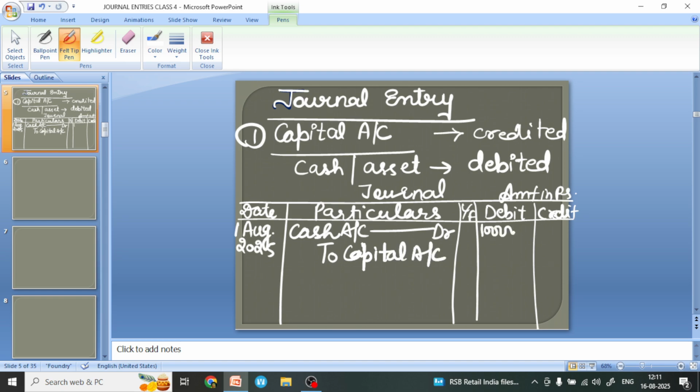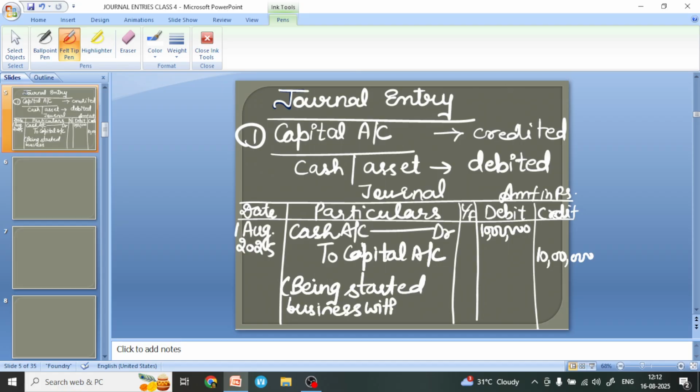Here we will write 10 lakh and 10 lakh, and here we will pass narration: being started business with rupees 10 lakh. This is your first journal entry when we start business.